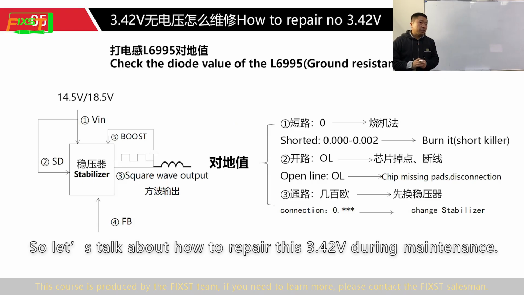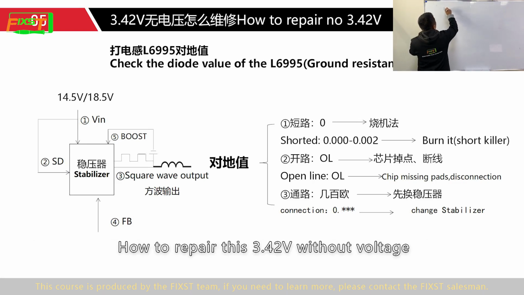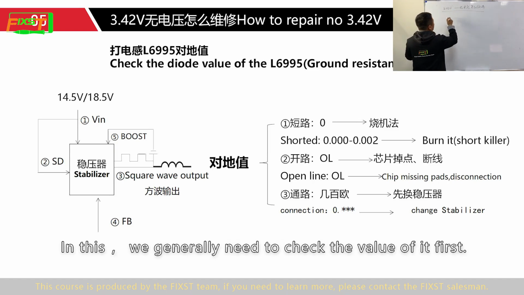So let's talk about how to repair this 3.42 volt during maintenance. A small summary of these techniques. How to repair this 3.42 without voltage. In this, we generally need to check the value of it first.